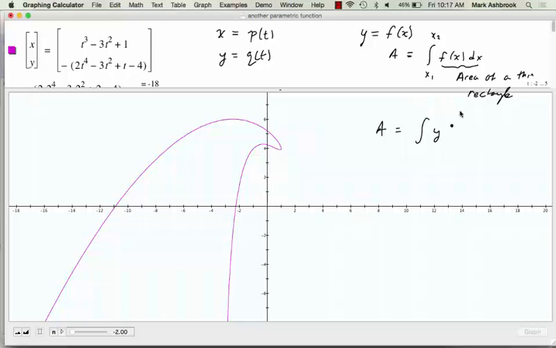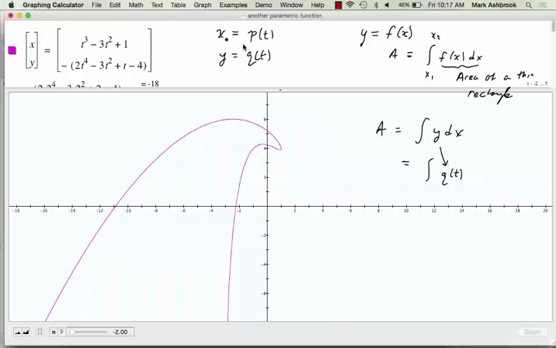So then what would y dx be if we were to get this with respect to our parameter t? What is y equal to? q of t, right? So y is q of t.